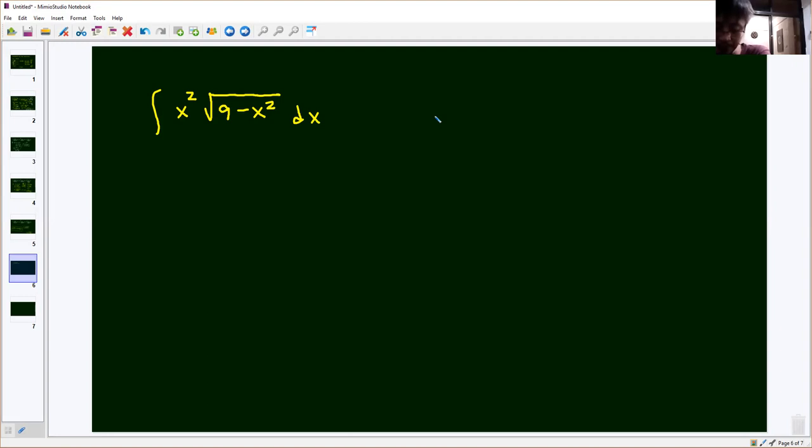So nakita mo ba yung identity doon? Or pwede ko sabihin, nakakita ka ba doon ng double angle identity in your trig sub? After your trig sub? Can you type what trigo cosine? If I will do it, I'll use sine. So anyway, very good.